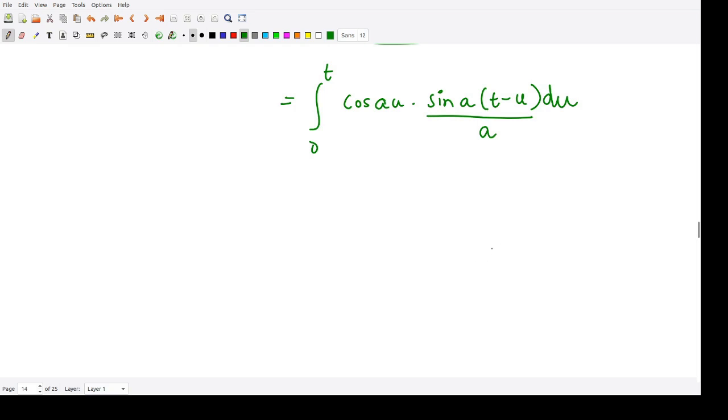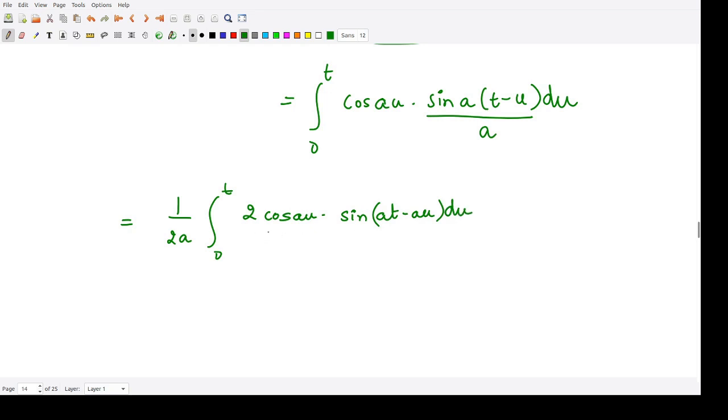So here we can apply this formula. We can take this 1 by a outside and we can multiply and divide by 2. So we would have 2 cos au multiplied by sine(at minus au) du.